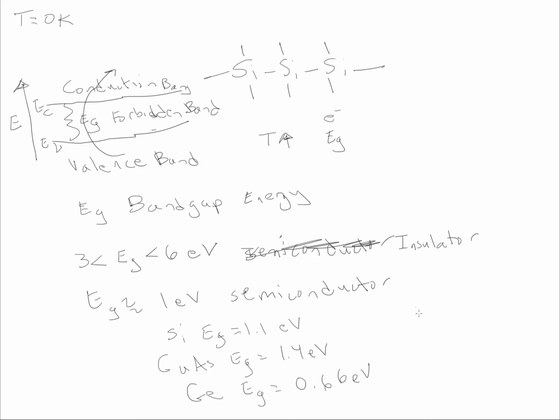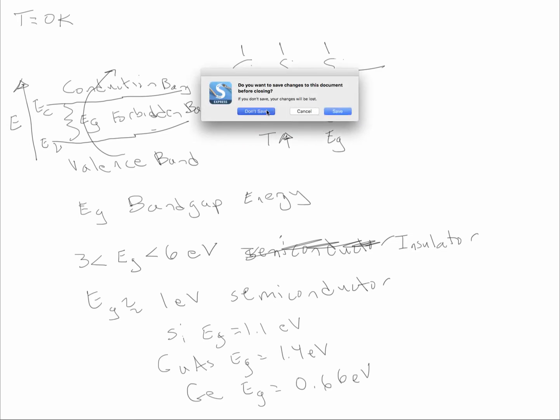And when it gets enough energy to go into that conduction band, let's make a new page here. When it gets enough energy to basically go into that conduction band, you could think of it as something like this.